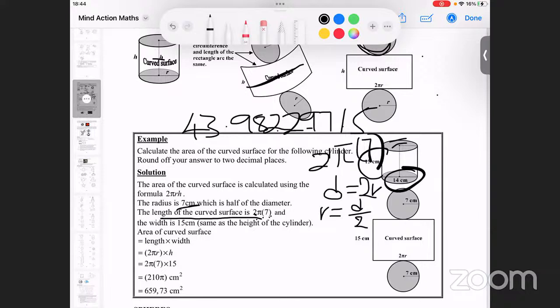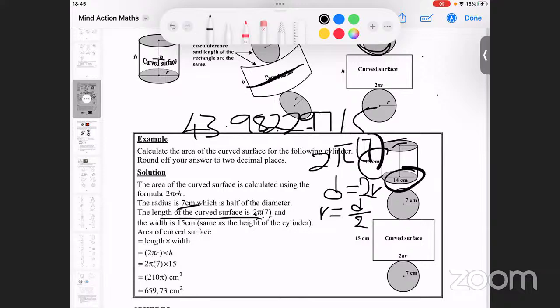We're using the 2 pi r with the 7 in brackets. Yes, the r is 7. And then, ma'am, I multiply it with 15. Oh no, we're not there yet. Not yet. Oh, okay. Sorry, ma'am. It's fine.